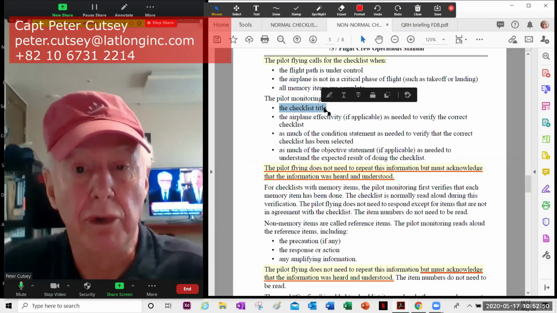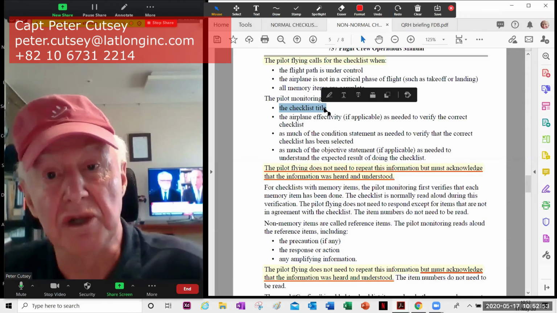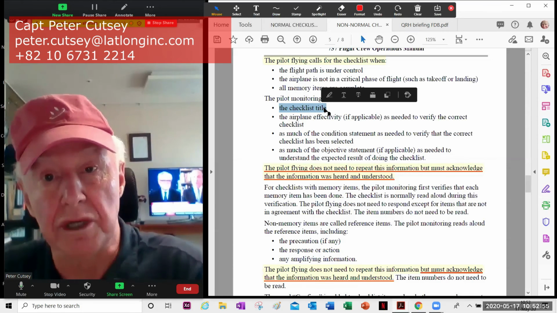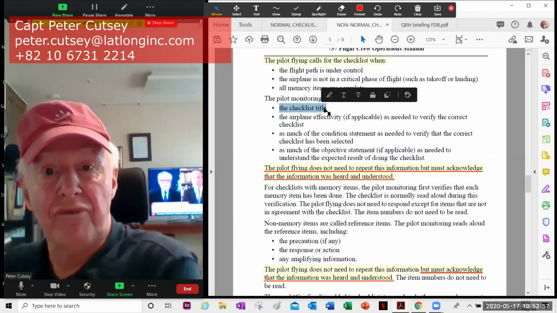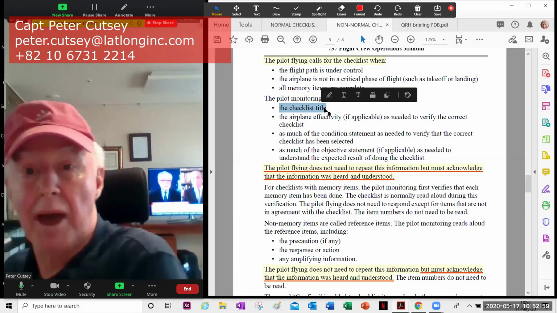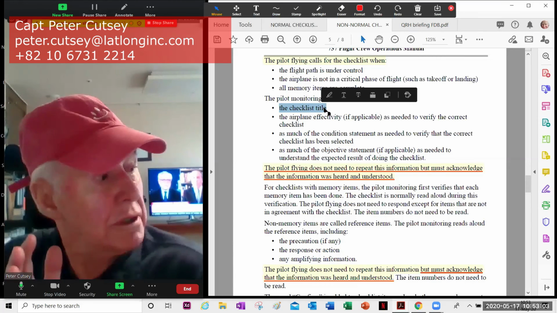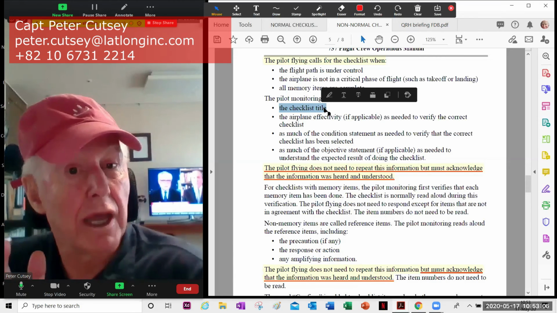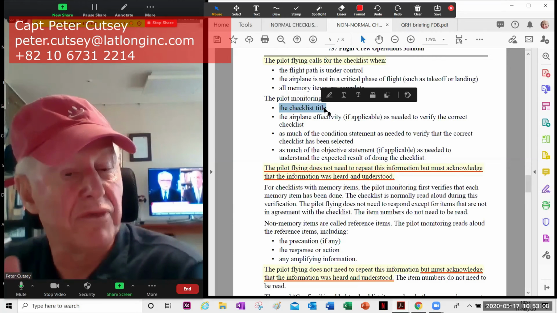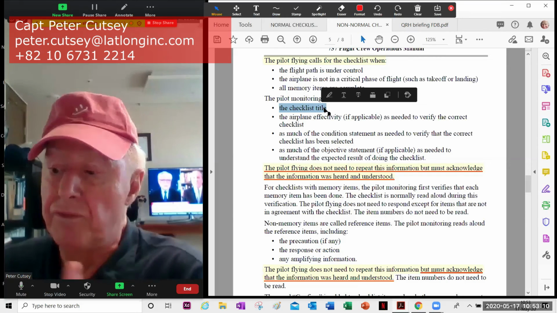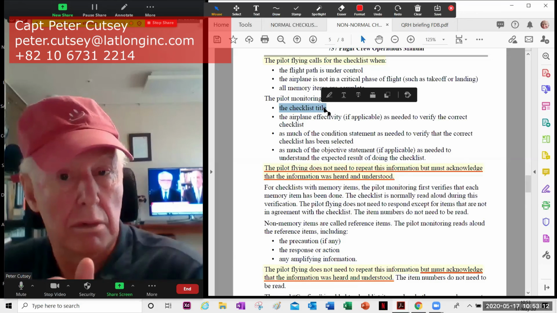So the pilot flying would call for the checklist, let's say checklist engine fire, severe damage, separation. The pilot monitoring, if using an iPad, would take the iPad out of the holder, call up the correct page quickly, show it to the pilot flying, and say, checklist engine fire, separation, severe damage. The pilot flying would confirm and say, go ahead.